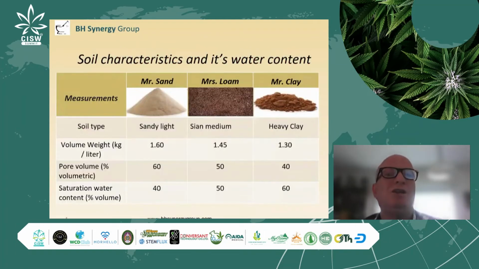If we try to define the main three types of soil, the medium, we have Mr. Sand, Miss Loam, and Miss Clay, and we try to define their types.